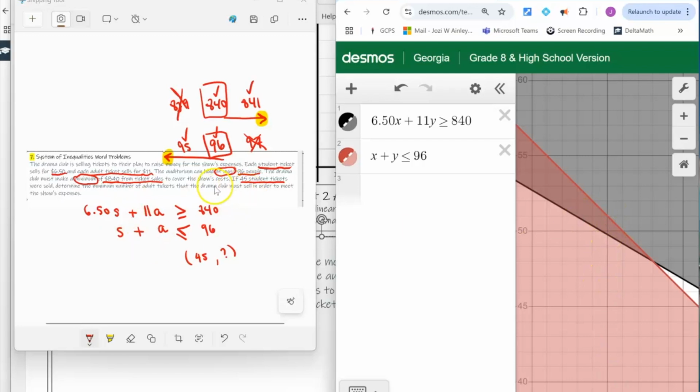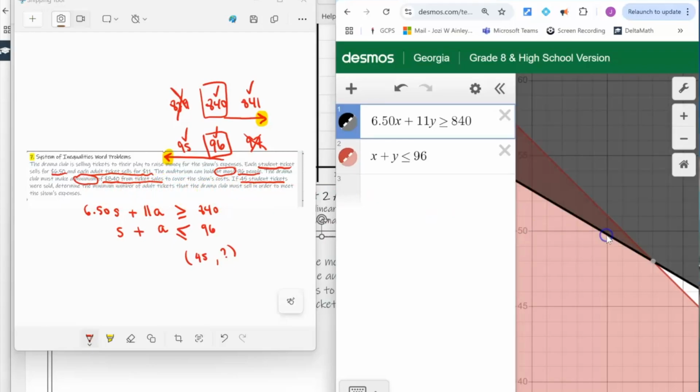But the question is saying the minimum number of adult tickets that can be sold. So when I look at this answer, is it possible for me to sell tickets? Because that's the minimum, right? The furthest down on 45. Is it possible for me to sell 44.93 tickets? No. So I have to go until the next whole number.